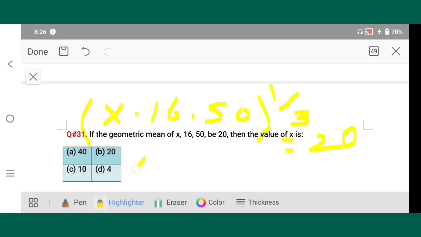So x times 16 times 50 is equal to 20 raised to the power 3.